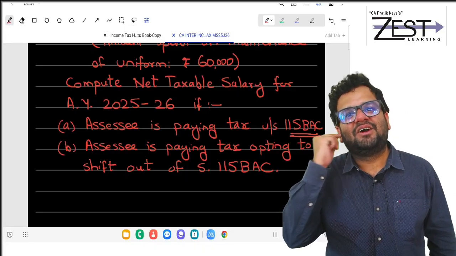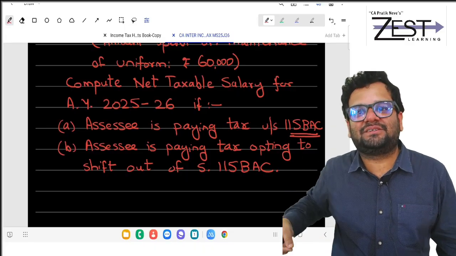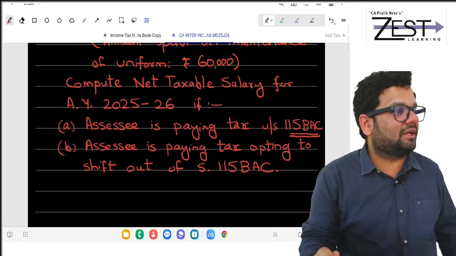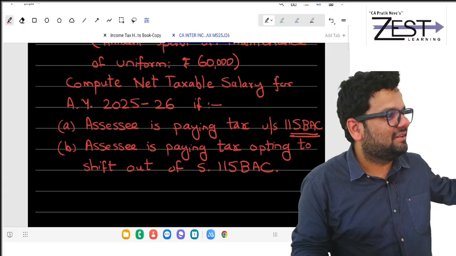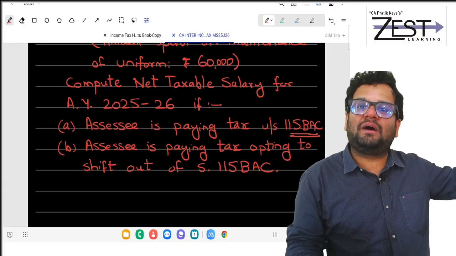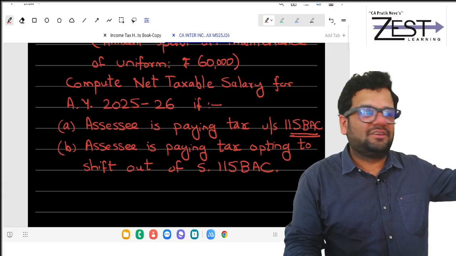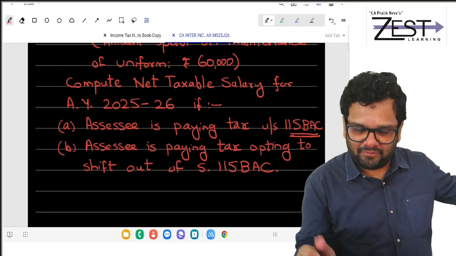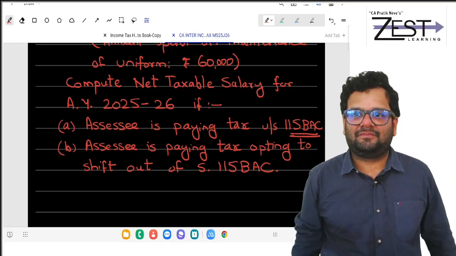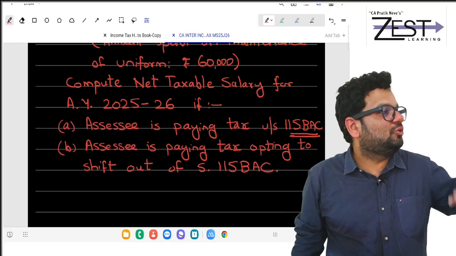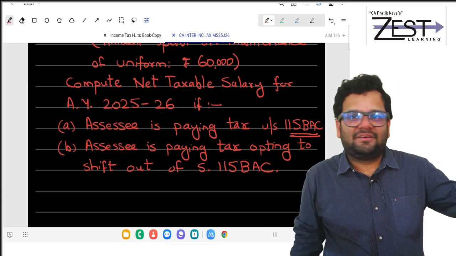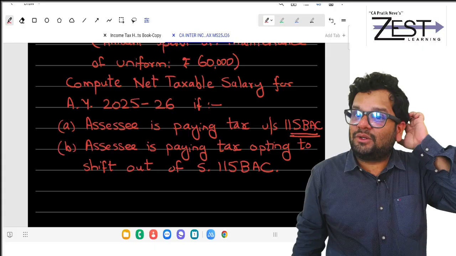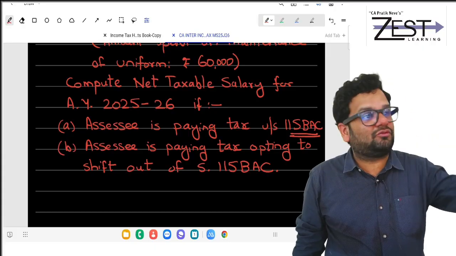Reconciliation means, why will you sit and again solve the entire sum? First, if you get under 115BAC, just by doing few items minus plus, you are eligible to get for opting out, or vice versa. You can do for opting out first, and then you will get extra deduction in 115BAC of 25,000.